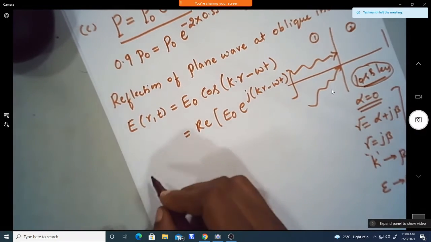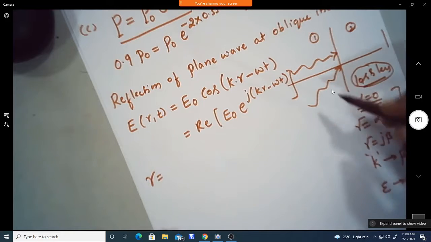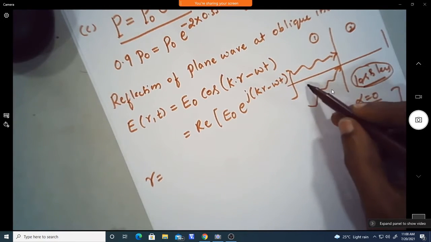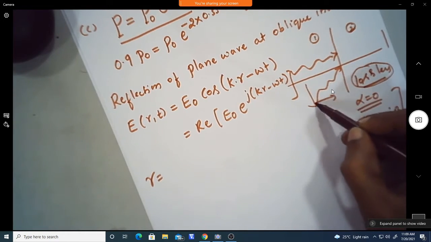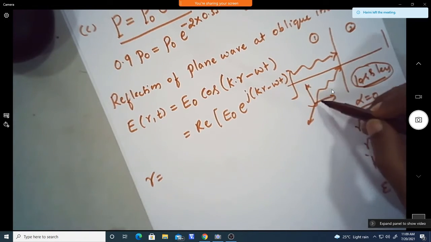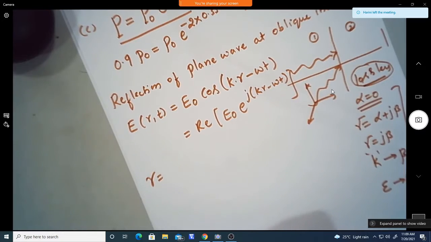Okay, so now here r is, since the incident wave has all the components, x, y, z if I take the Cartesian coordinates, so it will have x and y and also z components. The wave vector is going at a particular angle.